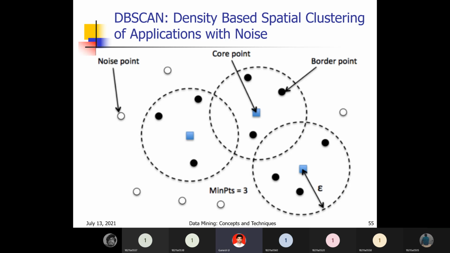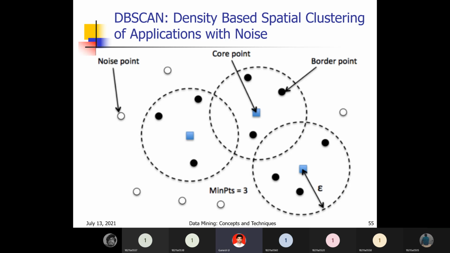First, you have to examine each and every data point and categorize each object as a core point, border point, or noise point. Every point in the entire data set should belong to one of these 3 categories.